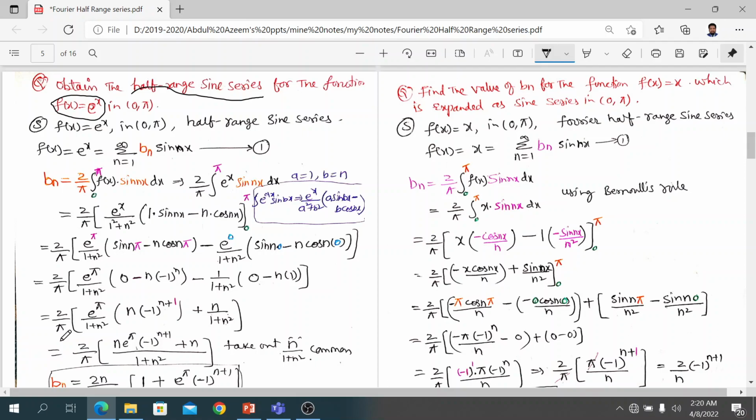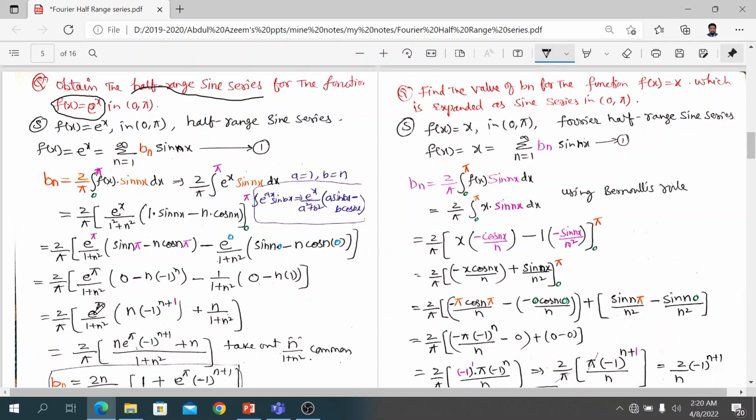So 2 by pi outside as it is, e power of pi by 1 plus n square times minus n into minus 1 power of n, which is n into minus 1 power of n plus 1. So minus will come here and it becomes minus 1 power of n plus 1. And this into 0 is 0; minus into minus becomes plus n by 1 plus n square. So 2 by pi, 1 by 1 plus n square, denominator common.